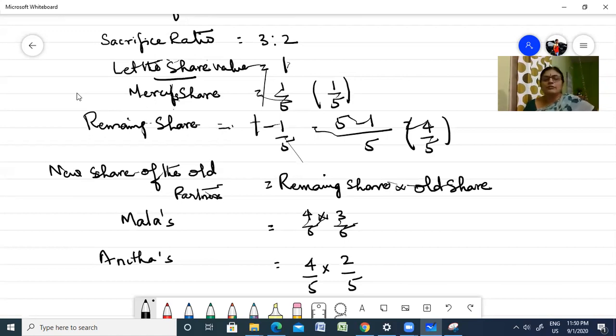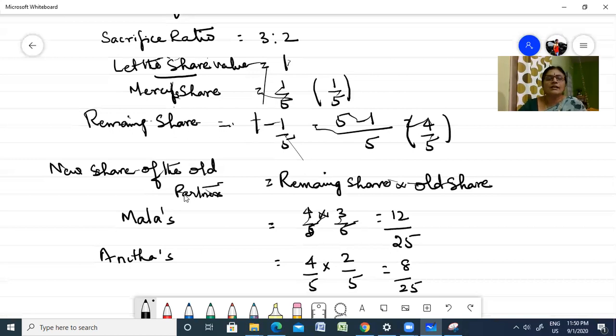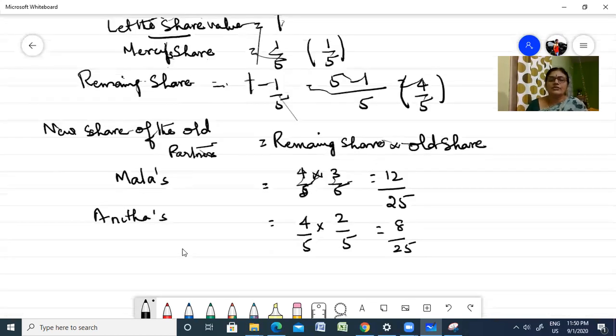So 4 by 5 into 3 by 5 is 12 by 25, and 4 by 5 into 2 by 5 is 8 by 25. That is Mala's and Anita's share.